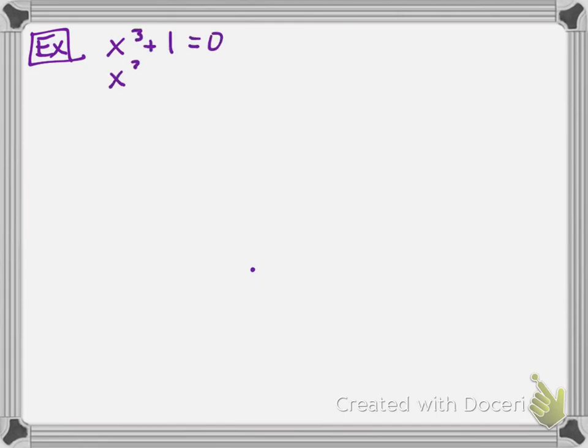That means x cubed equals negative 1, and that means x is equal to the cube root of negative 1, right? The cube root of negative 1 is negative 1. What's the problem with that process?